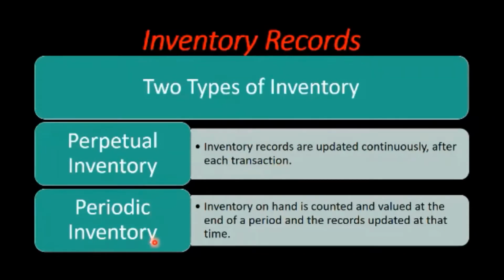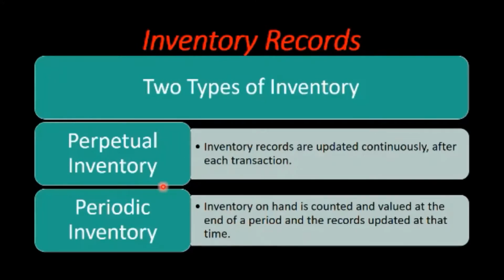Okay, periodic, a count of the inventory is done at the end of the period, whether it's a month or a year, and then the records are updated at that time, but it's done at the end of a period.